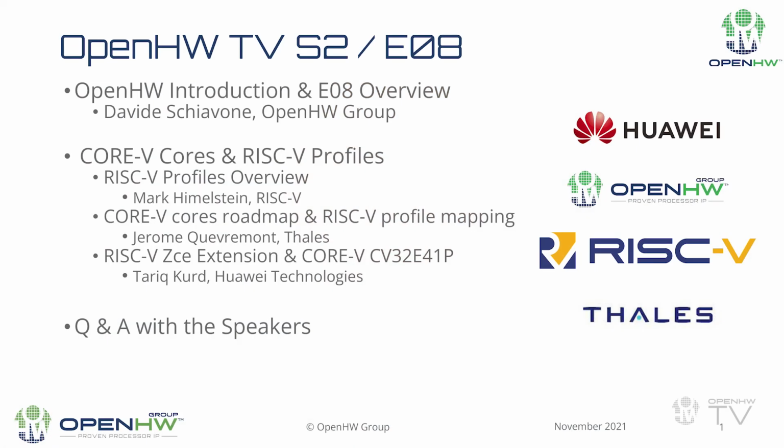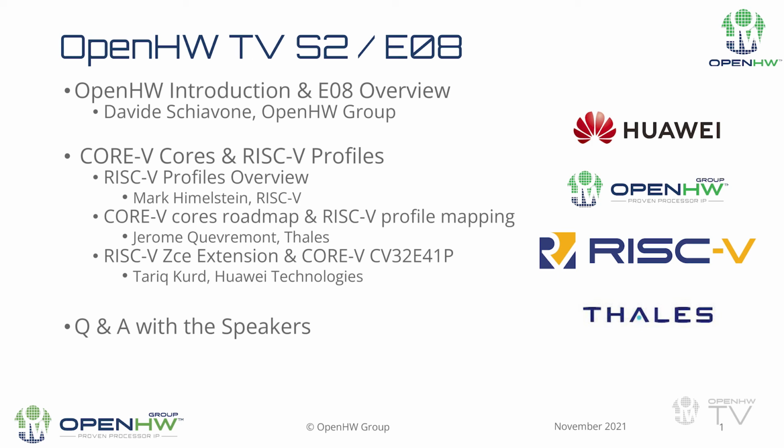We're going to listen to Mark, who is going to talk about the RISC-V profiles, which are specifications of the firmware and hardware for a RISC-V platform. Then Jerome is giving us an introduction of the CORE-V course roadmap and how they map to the RISC-V profiles that Mark just described.